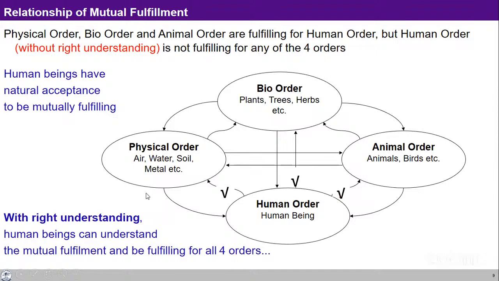This way, if you are able to protect, if you are able to conserve the nature, if you are able to conserve the physical order, the bio order, the animal order, we can mutually fulfill with all these three orders. With right understanding, human beings can understand the mutual fulfillment and be fulfilling for all four orders.